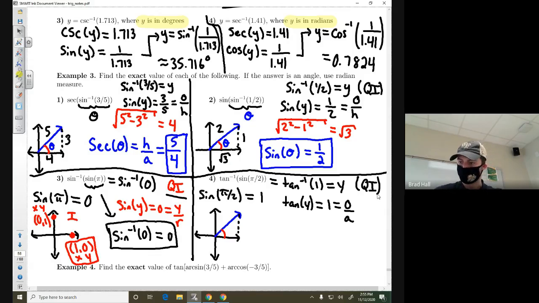In particular, opposite is 1, adjacent is 1, and we can go ahead and use Pythagorean's theorem to figure out the last one, which is going to be square root of 2. Because 1 squared plus 1 squared gets the square root of 2.